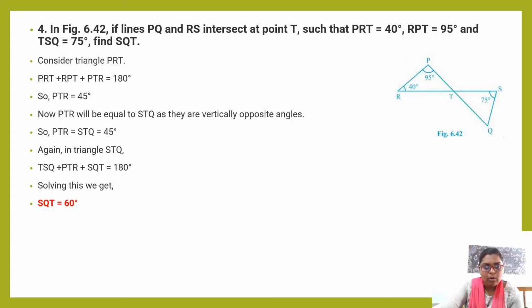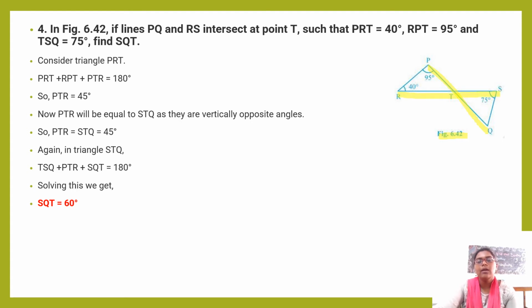Your fourth problem. What is your fourth problem? Yes, your fourth problem is in figure 6.42. This is your figure 6.42, right? If lines PQ and RS intersect at point T, let us see here, this is your PQ and this is your RS.